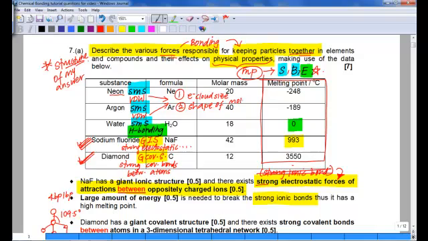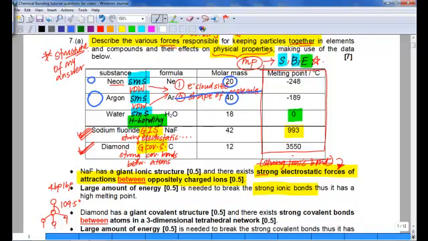But of course, in this case, you know that your neon and your argon, both of them are monoatomic elements. So in this case, both of them have the same shape. So shape is out. So it must be the electron cloud size, which you can immediately see from the Mr: 20 and 40. Okay, so in this case, very simple.